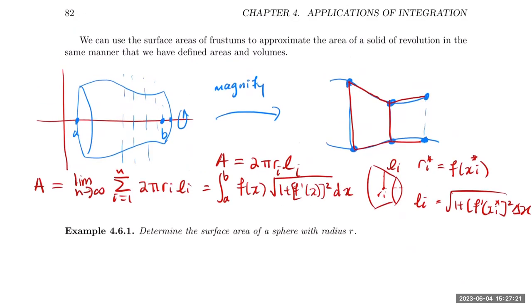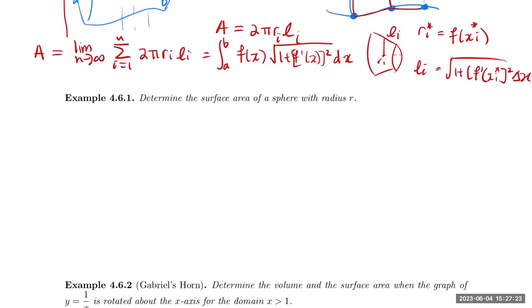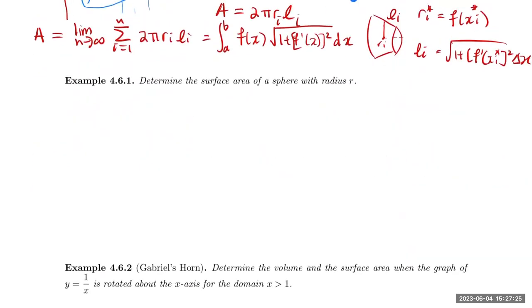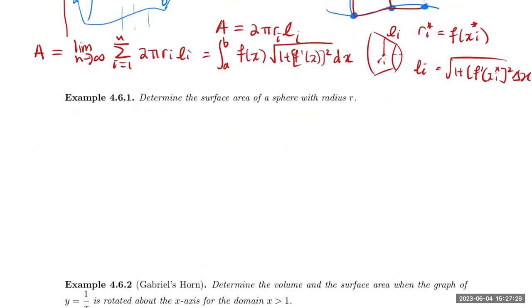So let's go ahead and find the surface area of a sphere of radius r. So once again, we know that y prime is equal to minus x divided by the root of r squared minus x squared. We know that y is equal to the root of r squared minus x squared.